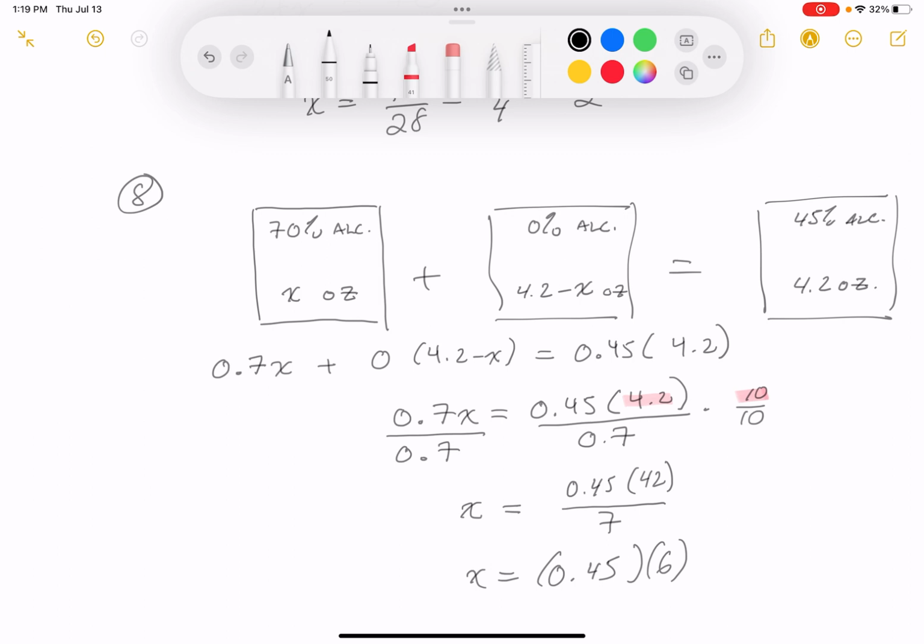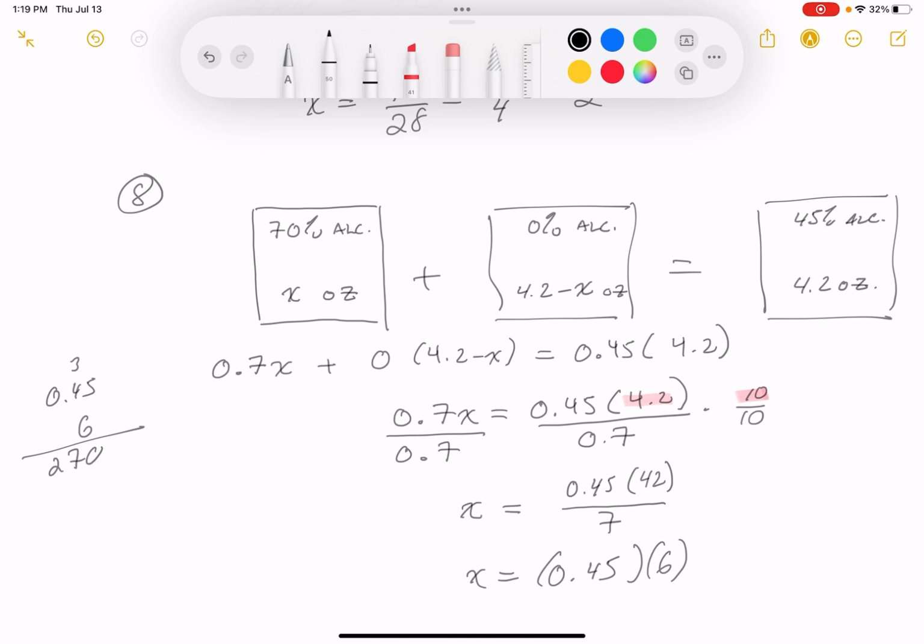I'm going to go through it with you. I'm going to write down 6 times 0.45. 6 times 5 is 30. Let's see, 6 times 4 is 24. That's 27, right? And let's count the decimal places. This is what I got over here.